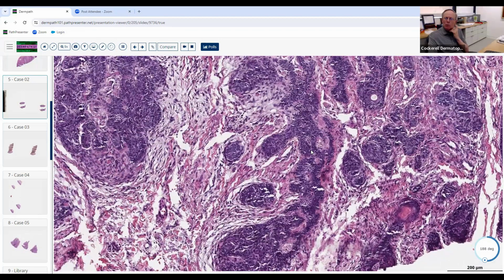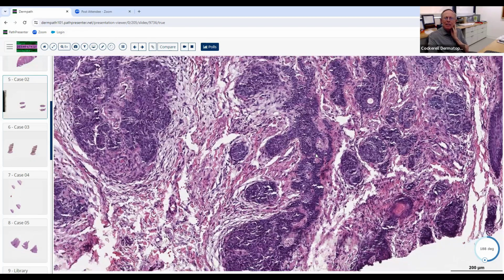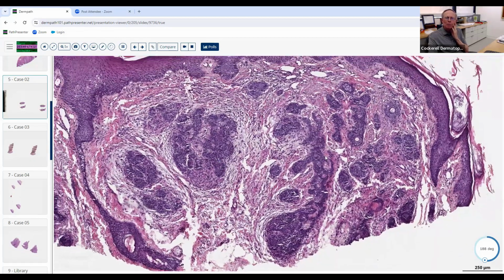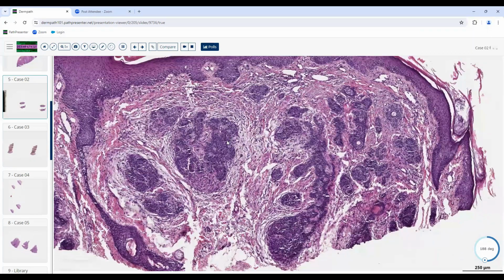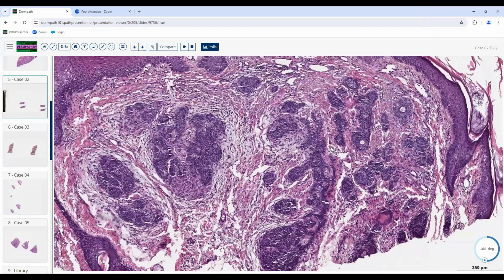I thought Brooke-Spiegler was more cylindromas and spiradenomas. Maybe I'm wrong, but I just thought it also had trichoepithelioma. Maybe I'm wrong. That's more just multiple familial trichoepithelioma that can be, it's autosomal dominant, and I don't think they get any systemic manifestation associated with that. But there's a couple other things.